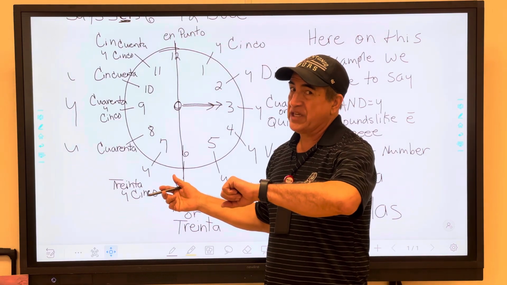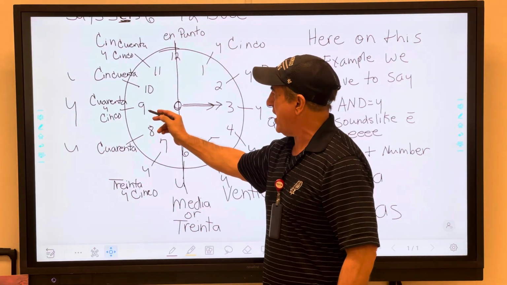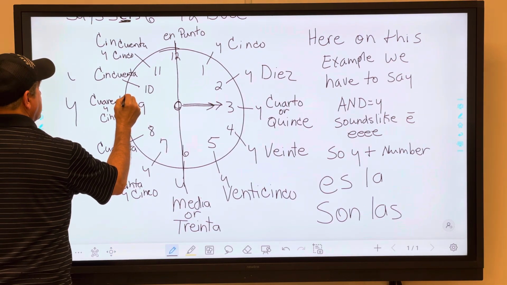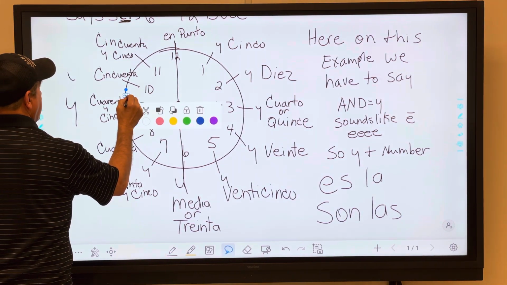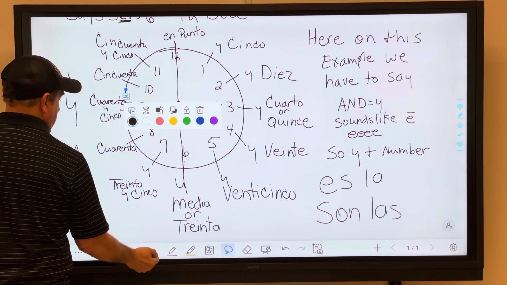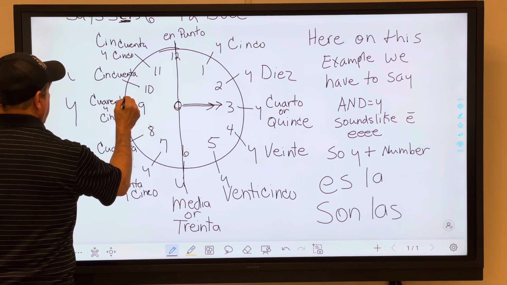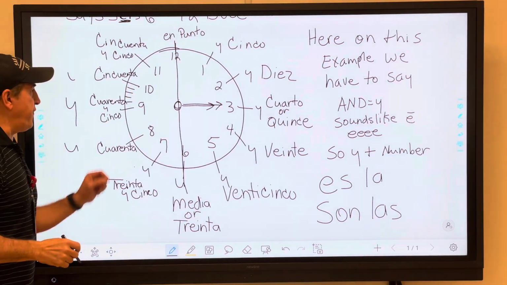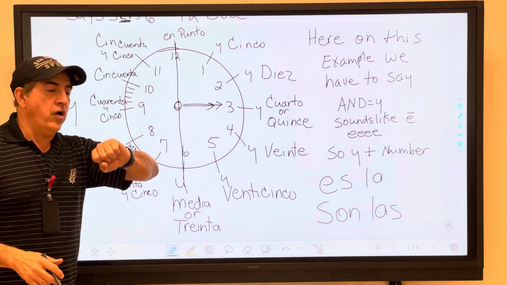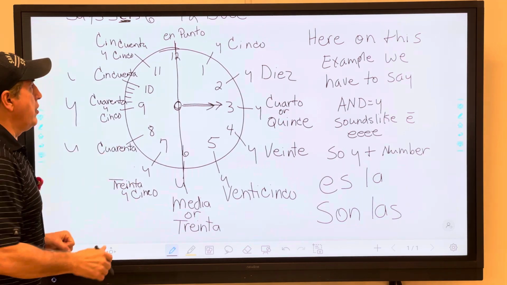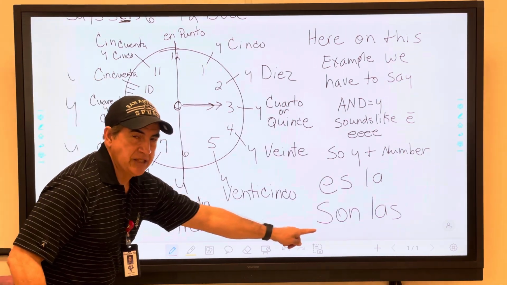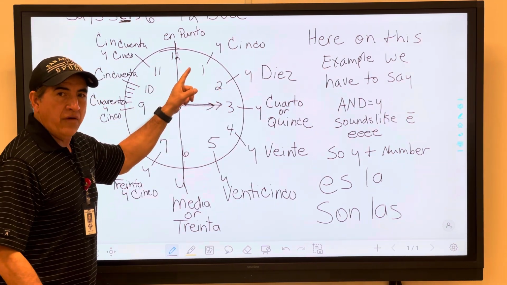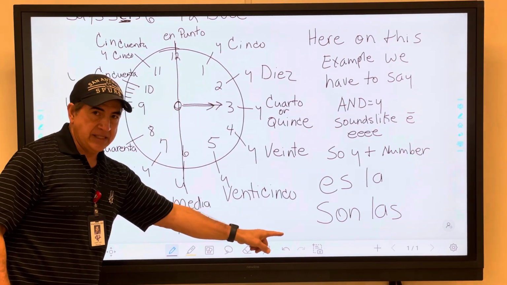Okay, over here on this side, let's say it is 12:47. This is 45, 46, 47, 48, 49, and of course that would be 50, right? So if it's 12:47 right now, we would say son las, because everything after the 1 o'clock hour, all the way to the 12, we say son las.